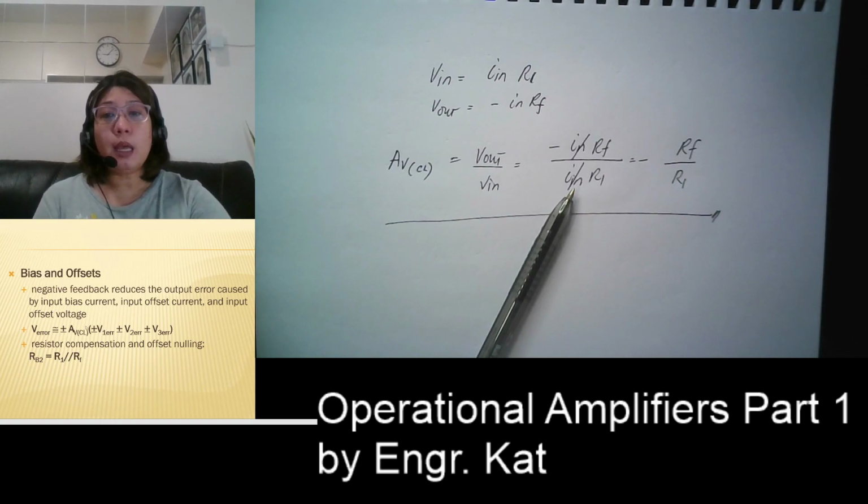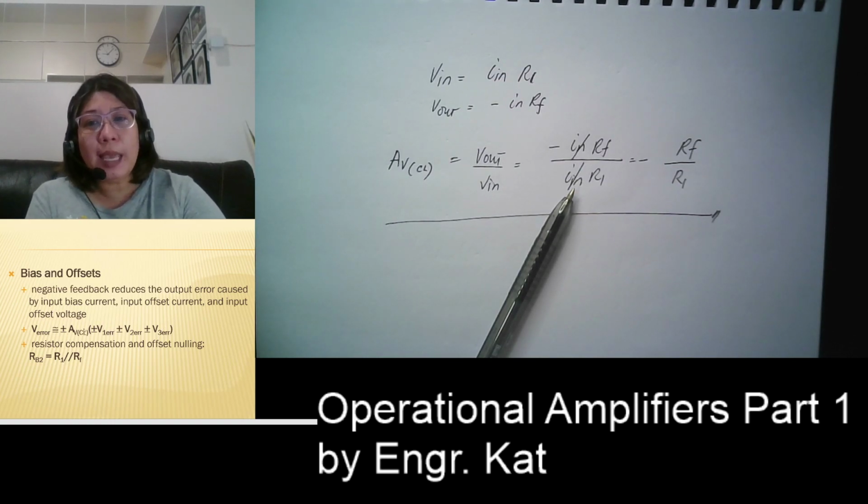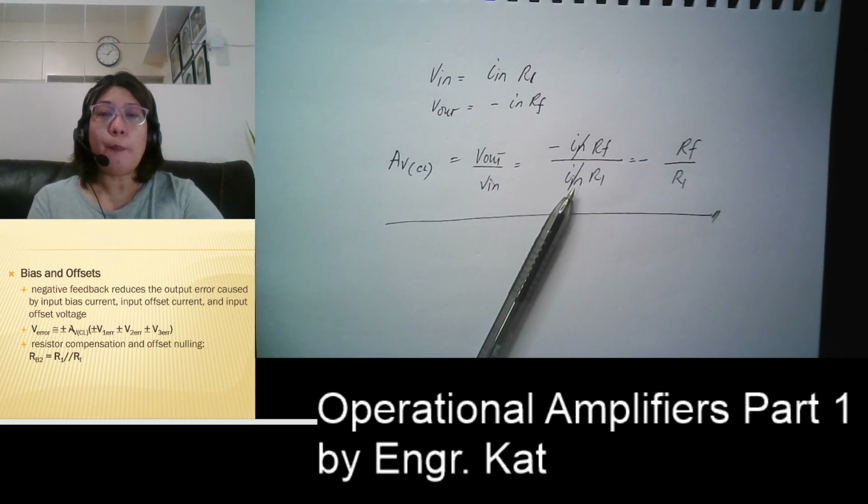Although this one will be constant, your V1 error, your V2 error, your V3 error, which we have already discussed in our previous video, our gain here will technically go down. Unlike before, if this is open loop, this is equivalent to 100,000. But if we decrease your closed loop voltage gain, therefore, we are also decreasing our error voltages.